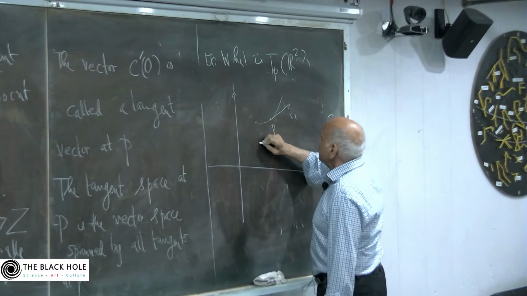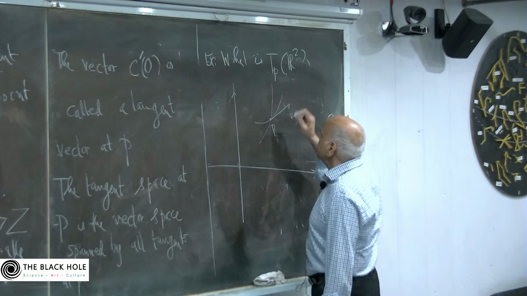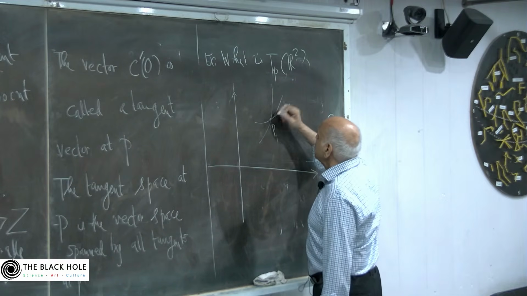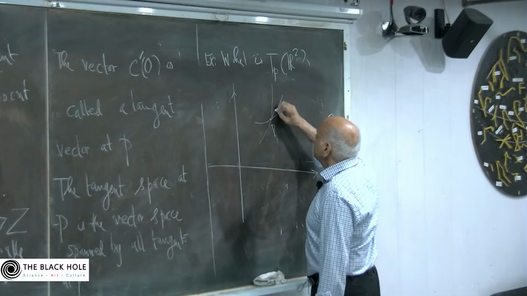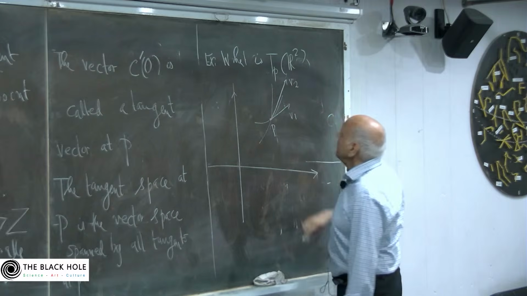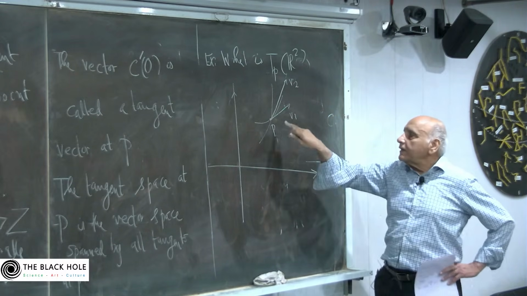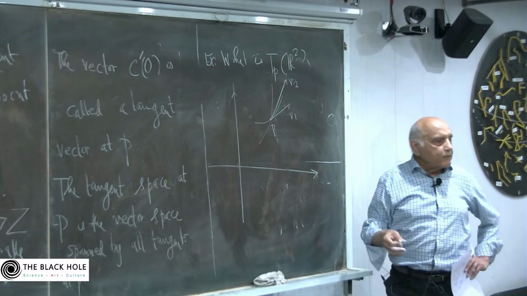Take another curve, and the tangent is V2. How do we add them? What's the difference between tangent vectors and ordinary vectors?